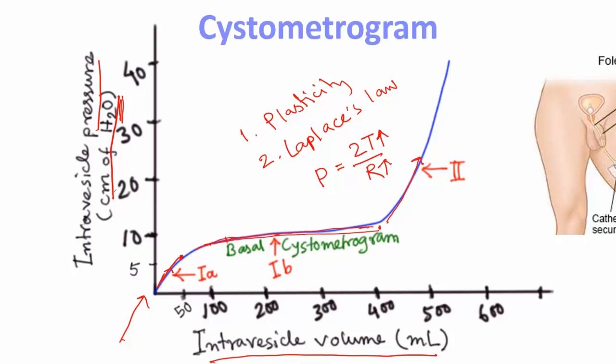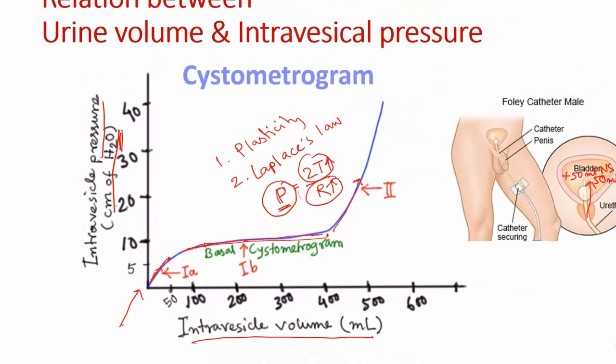So the numerator, that is 2T, and the denominator are both increased. As both are increased, the ratio, that is the pressure, remains at an almost constant level.